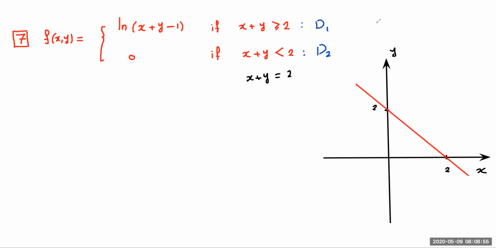Then where is the region D2? D2 is here, all of this part under the line. But because I have strictly x plus y smaller than 2, without equal to 2, it's without this line. So this line is not included.